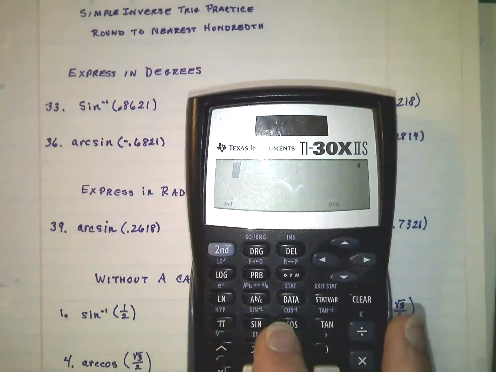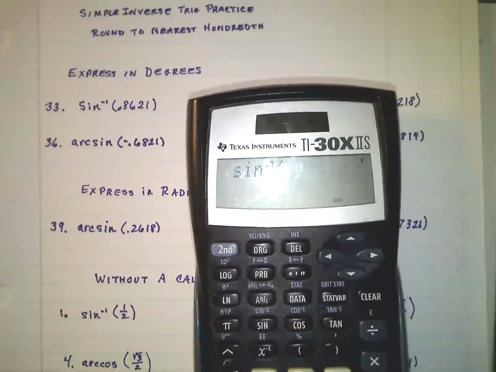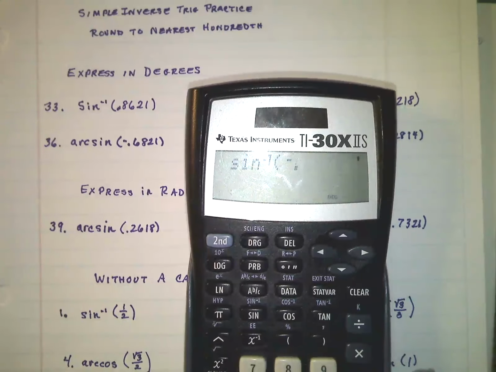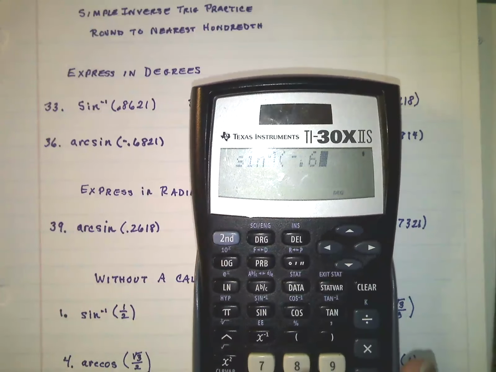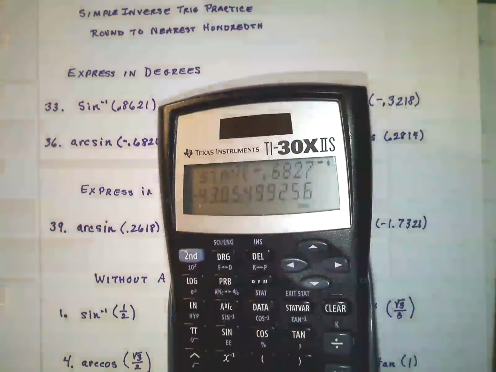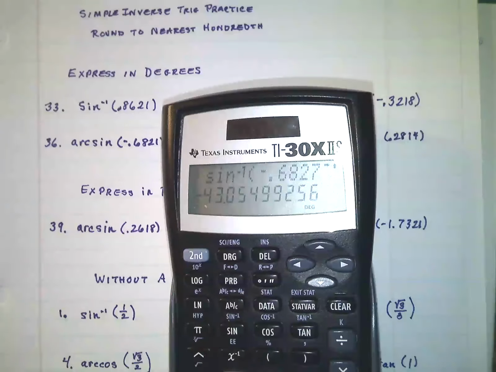Second sine of negative 0.6821 and just type it in. Which I hope to do correctly. I'm not that good at it. Doing things correctly, I mean. And it's telling us it's negative 43 degrees.